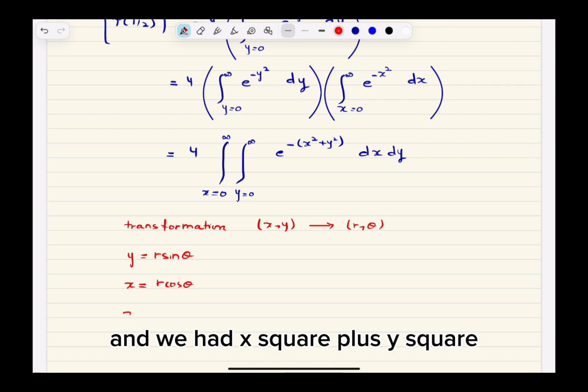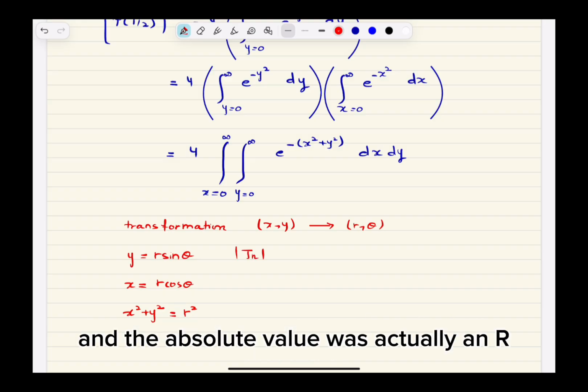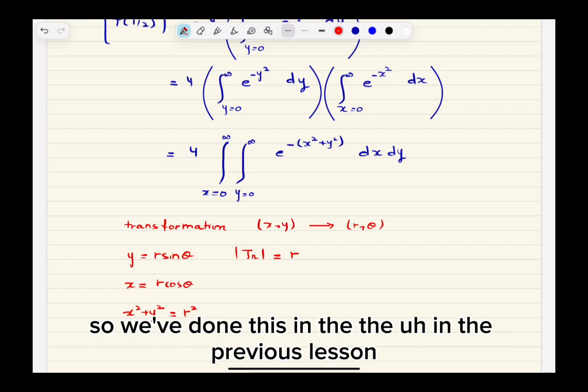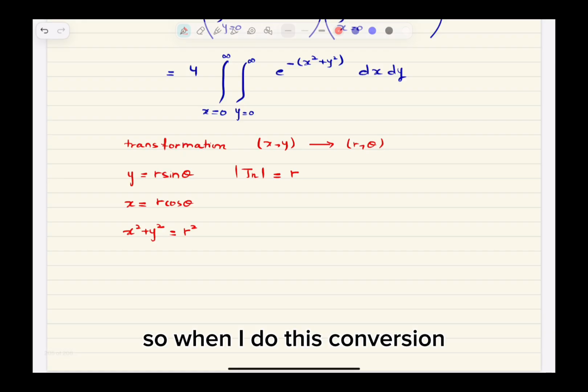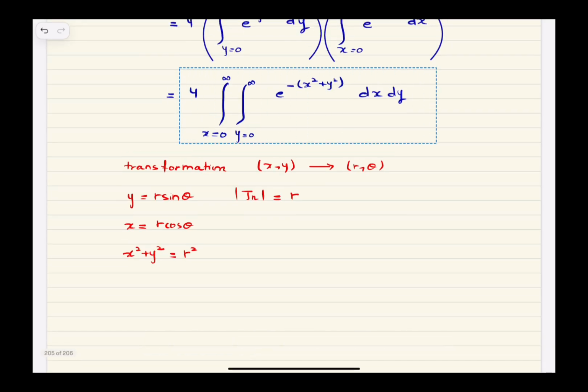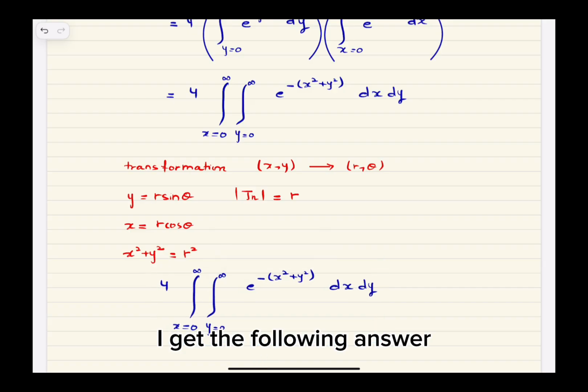We had x square plus y square equal to r square, and we took the Jacobian, and its absolute value was actually r. So we've done this in the previous lesson. When I do this conversion, I get the following answer.